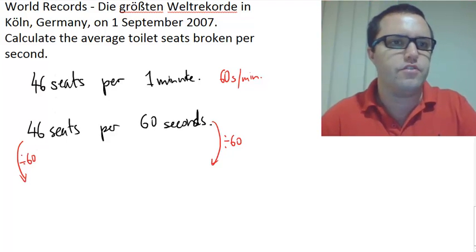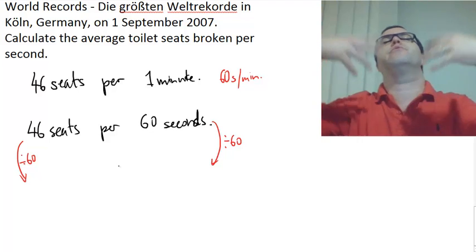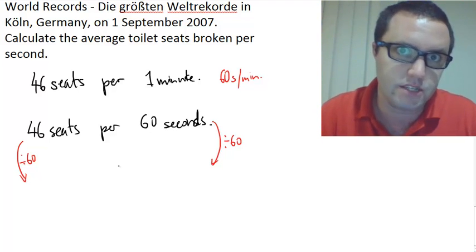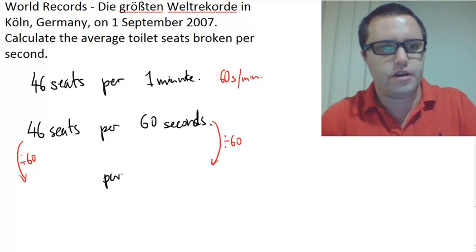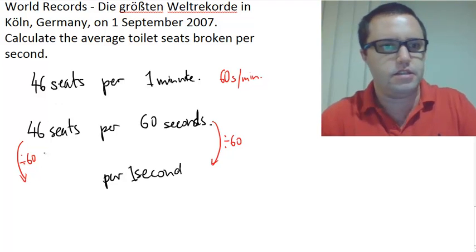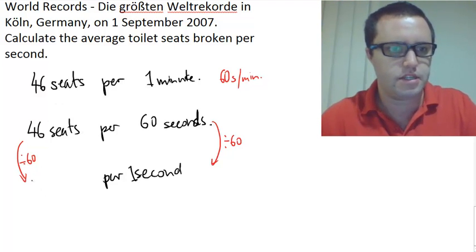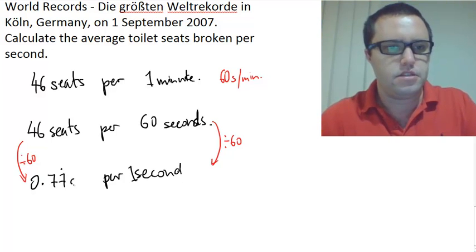Okay, so for these problems, it does involve a little bit more reasoning than purely doing this one particular process all the time. So now we know that we are in per 1 second, and 46 divided by 60 is 0.77 recurring seats.